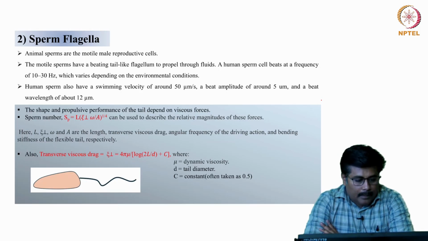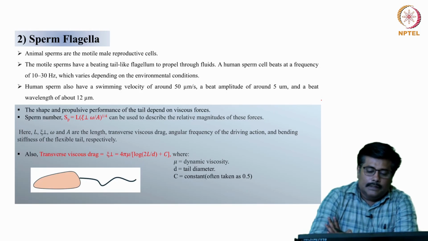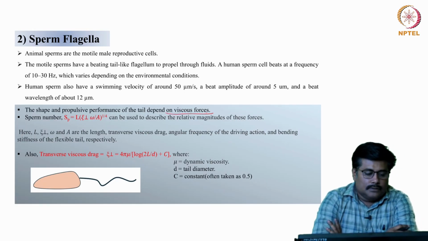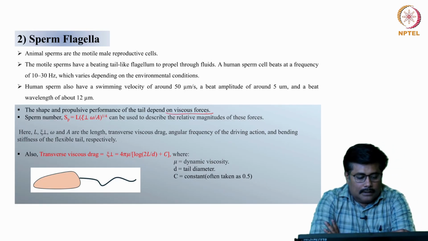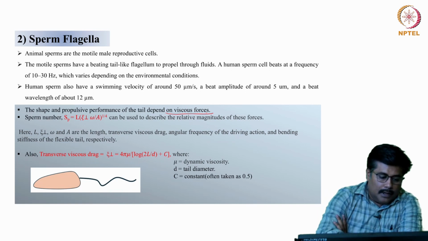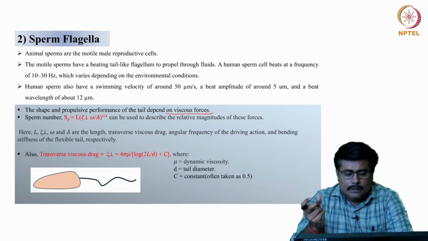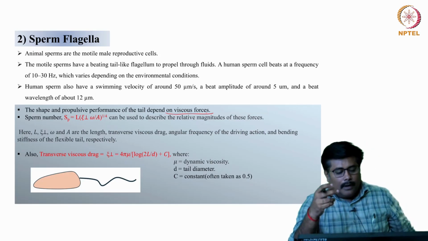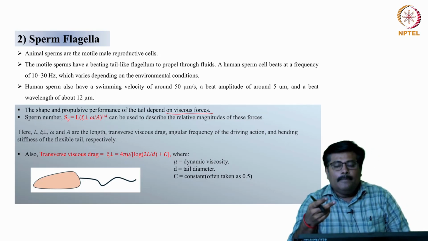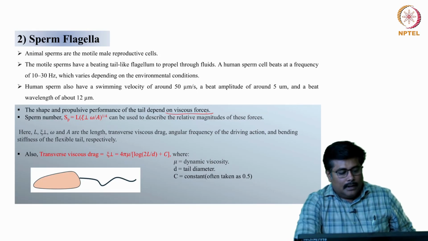The shape and propulsive performance of the tail basically depend upon the viscous force. So this is an equation which is deployed with reference to the sperm number. Basically it is a biological relation, from which a mechanical relation is appropriately derived.